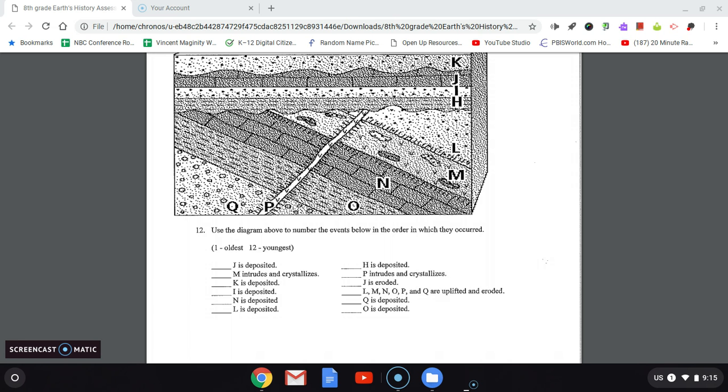J is deposited, M intrudes and crystallizes, K is deposited, I is deposited, N is deposited, L is deposited, H is deposited, P intrudes and crystallizes, J is eroded, L, M, N, O, P, and Q are uplifted and eroded, Q is deposited, and O is deposited. So you have to order them 1 through 12. What's the oldest? What's the youngest?